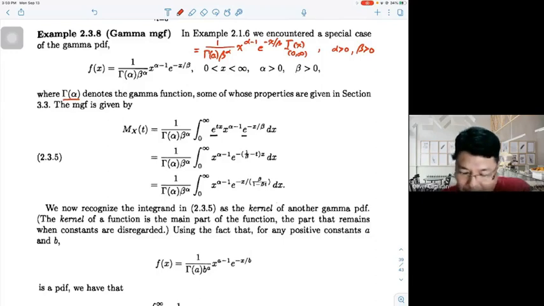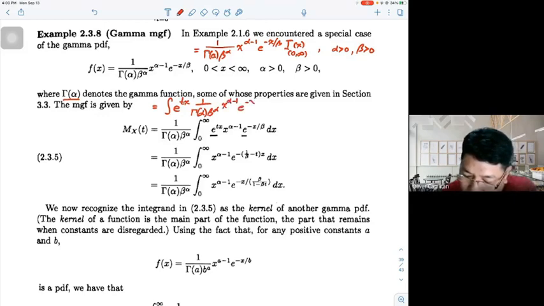Okay, so this is equal to E, so we have here e to the tx, and then you have your probability density function. So we have 1 over gamma of alpha, beta to the alpha, x to the alpha minus 1, e to the negative x over beta. You have your indicator function of x from 0 to positive infinity dx.